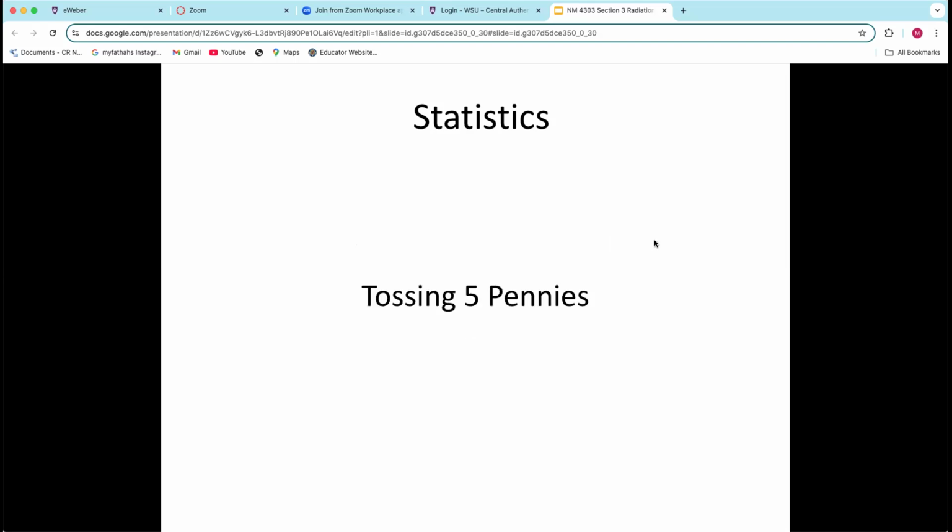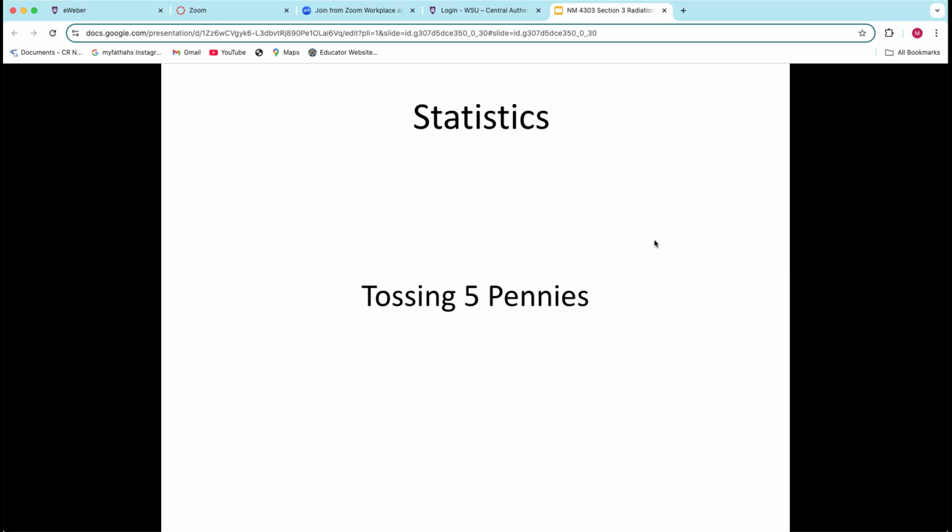Another quick example, and then we'll gather that into what we're talking about. If we took 5 pennies and tossed them on the table, sometimes we would get 3 heads and 2 tails. Sometimes we get 2 heads and 3 tails. That would probably be most likely. It would be really unlikely to get 5 heads or 5 tails in a single toss.